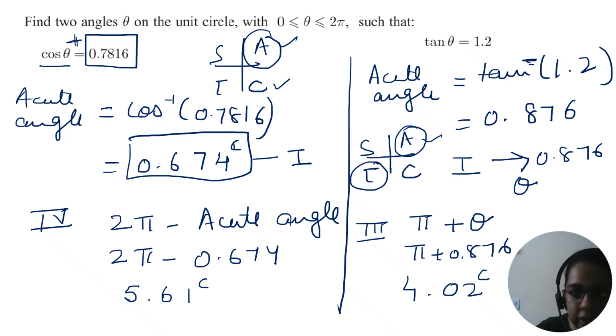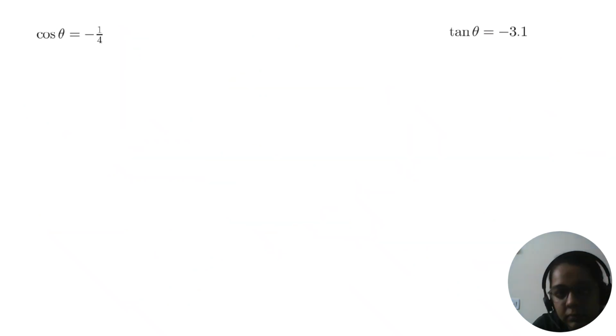Let's see a negative value now. Let's see how to find the values of theta when cos, sine or tan is negative. Remember I said that we will use acute angles, and for acute angles, cos, sine and tan are always positive.